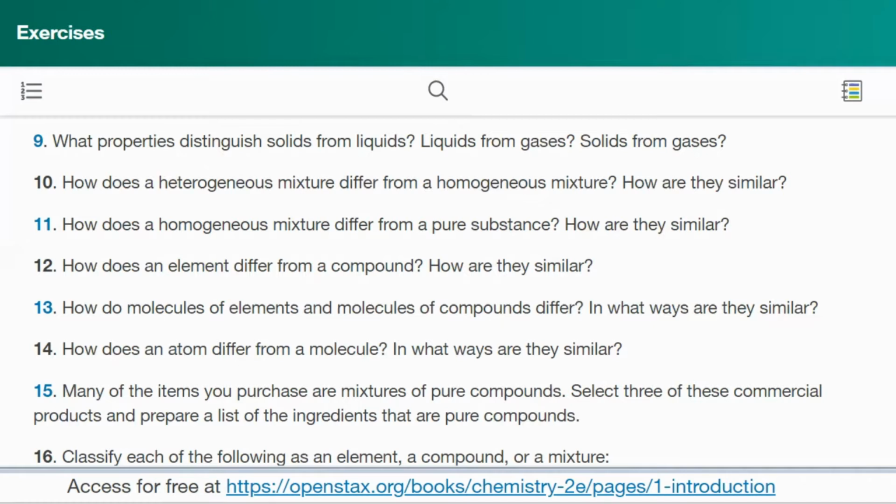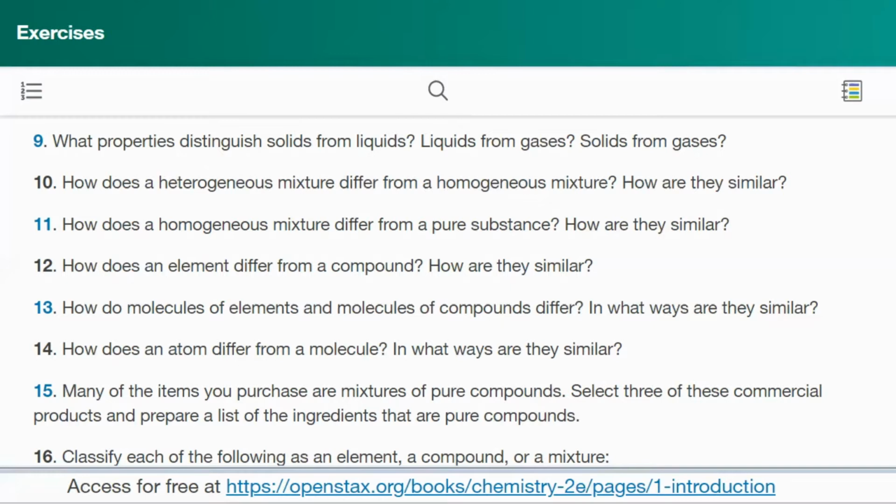So molecules of elements differ from molecules of compounds in that molecules of elements are made of one kind of atom, whereas molecules of compounds are made of different kinds of atoms. In what ways are they similar? They're similar in that they're made of two or more atoms.